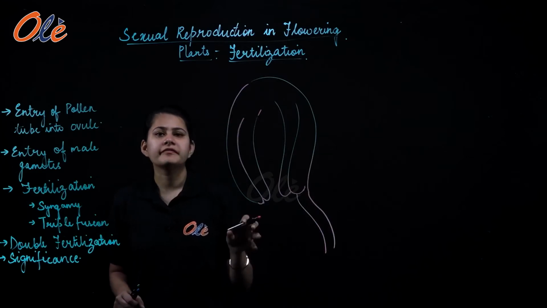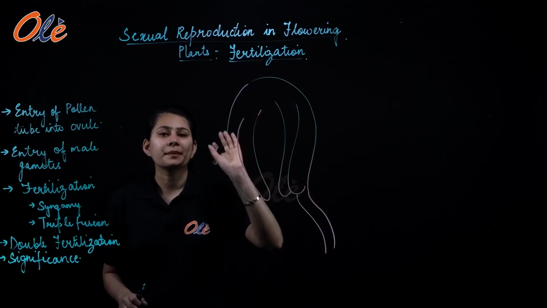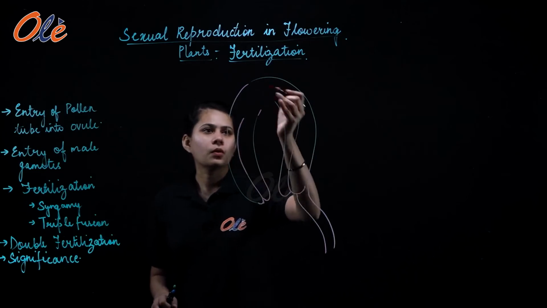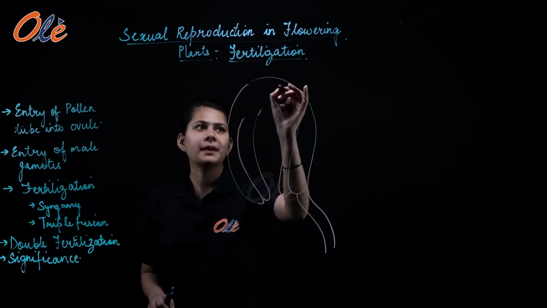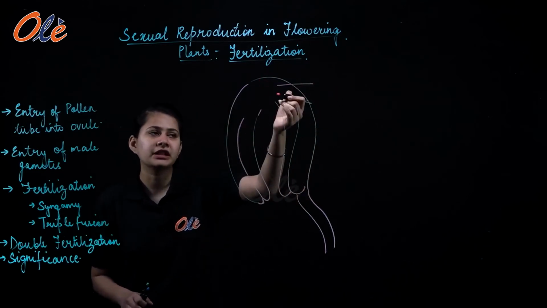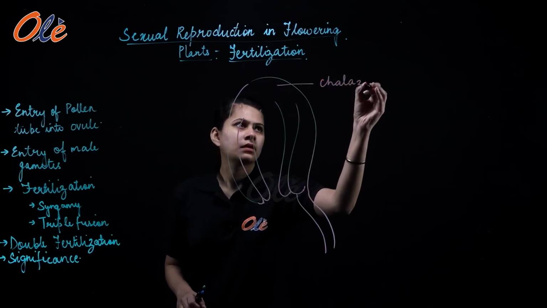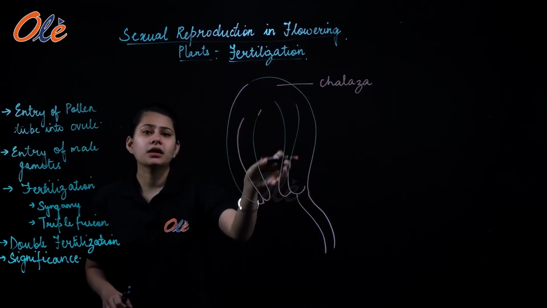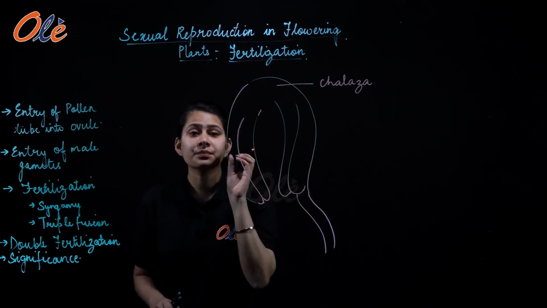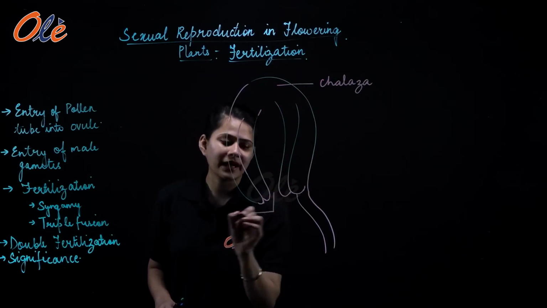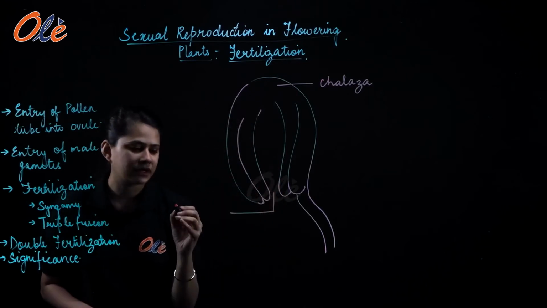Alright, so if we take this as the general or basic structure of an ovule, this bulge end of the ovule, which is formed from the nucellus, is called the chalaza, right? And the apex here has a pore-like structure which is the micropylar end, and this pore is called the micropyle, right?